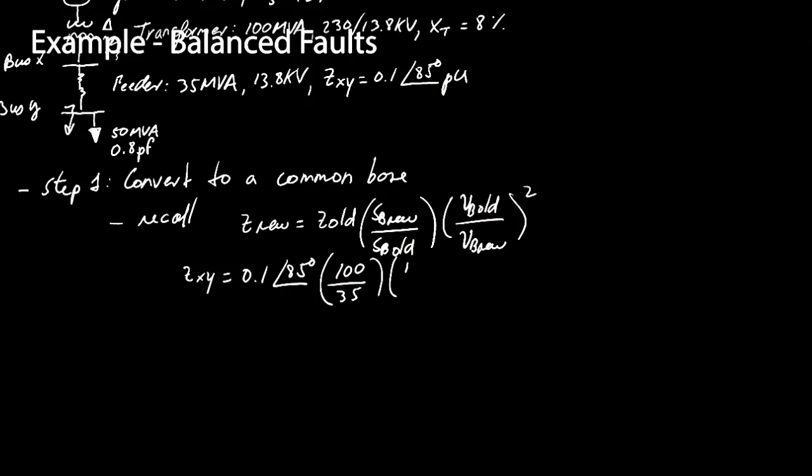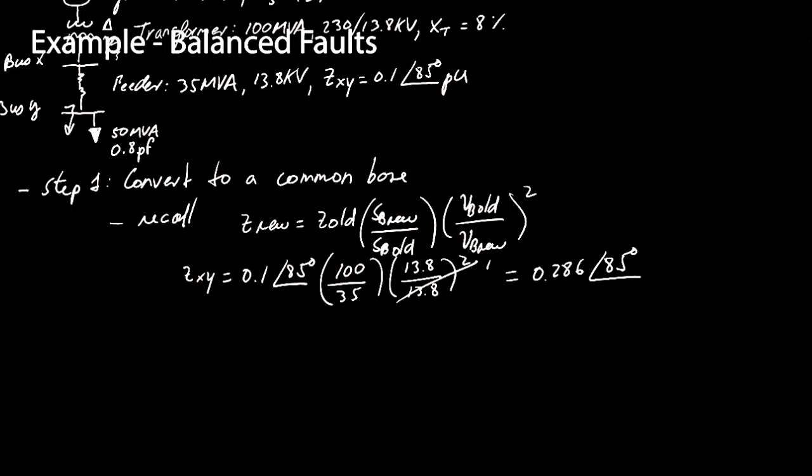Now in this case, they're both going to be 13.8 kV. So 13.8 over 13.8 squared, all of this of course is going to be equal to 1. So now from here, we can calculate our new impedance, which is going to be equal to 0.286 at the same angle, so 85 degrees.